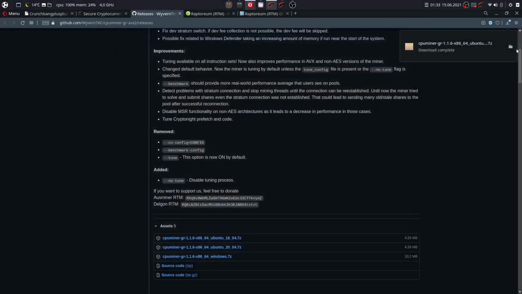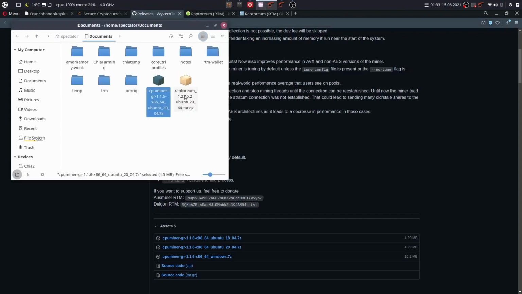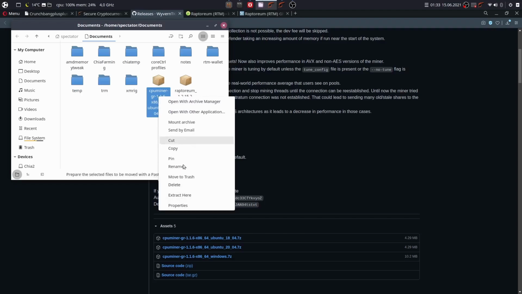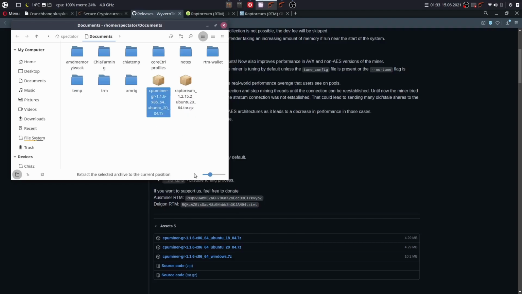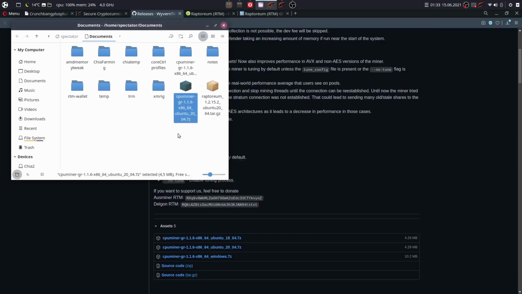Save it, open folder, CPU miner, extract here. Let's simplify the name and change it to RTM miner.